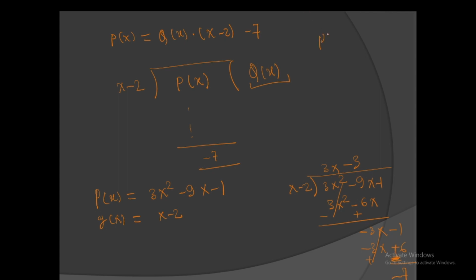Okay. So we can write p of x as x minus 2 into 3x minus 3, minus 7. This is our divisor, this is our quotient, and this is the remainder, and this was the dividend. So I hope you understand this question.